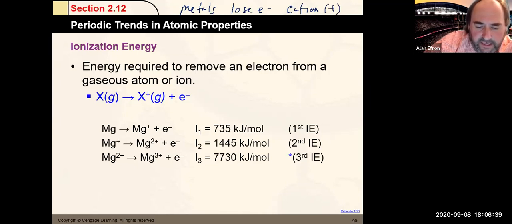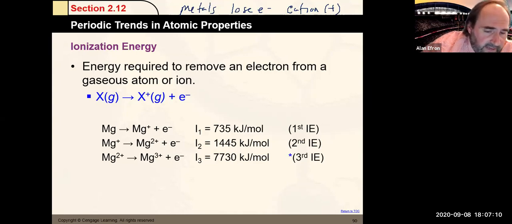The energy required to remove an electron from the gas phase of an atom is what's known as the ionization energy. It is just that, the energy to remove one electron. Electrons actually do come off one at a time. Sometimes we think, oh, this guy makes a +2 charge, it just drops 2 electrons right away. But it actually does lose electrons one step at a time.